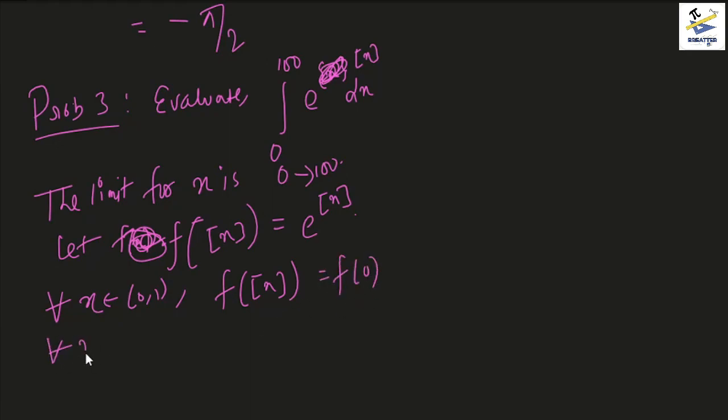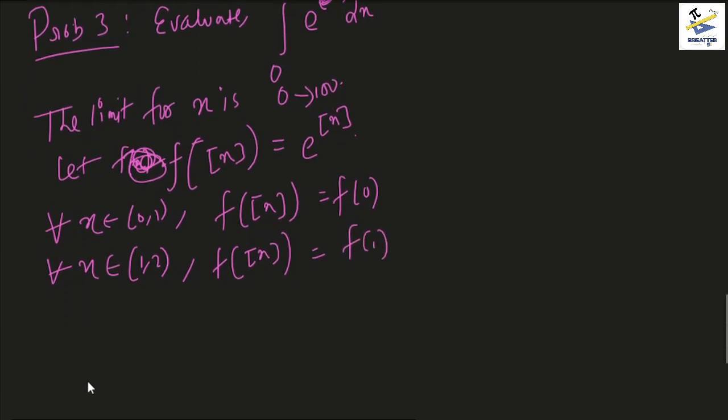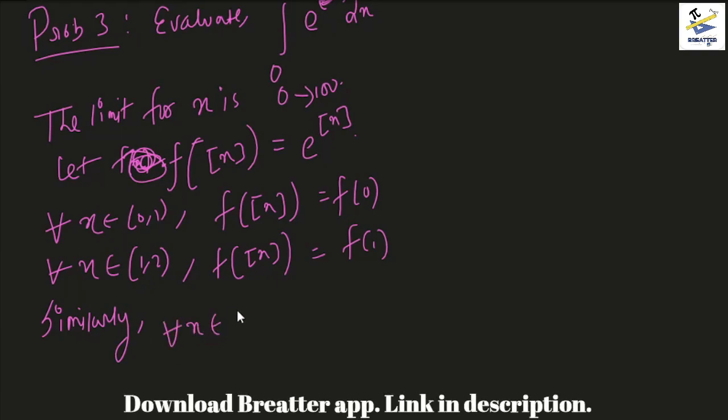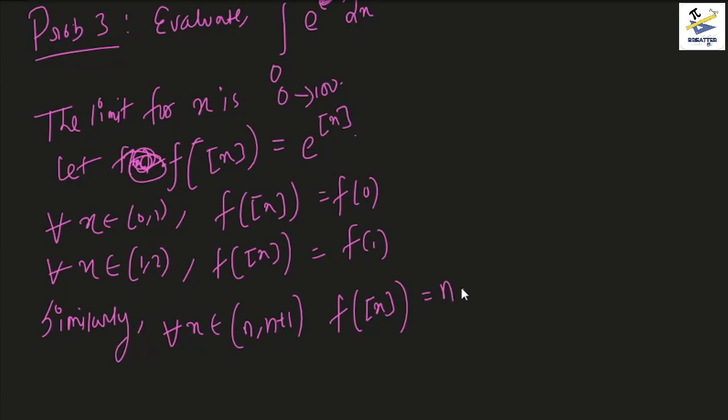Then again for all x belongs to 1 to 2, f of box x should be equal to f of 1, and similarly, for all x belongs to n comma n plus 1, f of box x is equal to f of n.